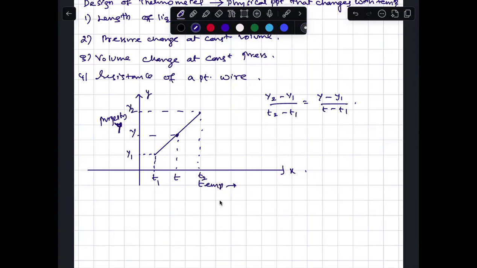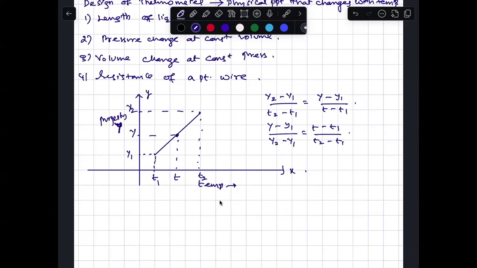So Y minus Y1 by Y2 minus Y1 is T minus T1 by T2 minus T1. It is nothing but temperature in that scale minus lower fixing point by upper fixing point minus lower fixing point, which is a constant.